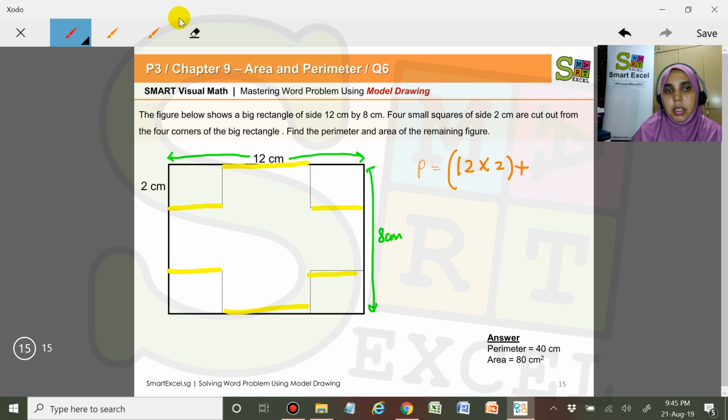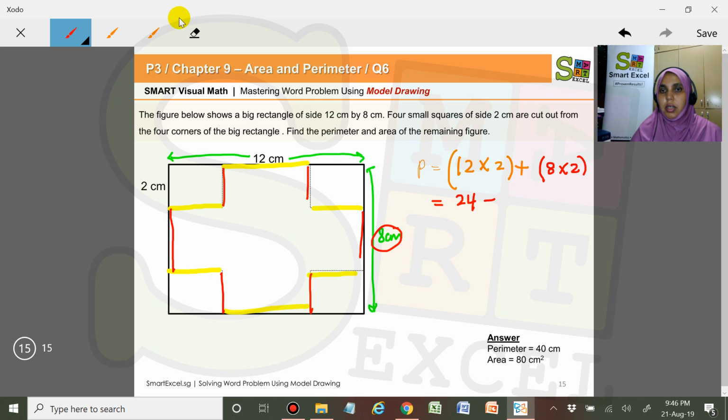This is one side, this one, and this one. We add together will give us 8, and they have two sides of this, so it's 8 times 2. When we add this together, this is 24 and 16, this will give us 40 cm. So that's the A part.